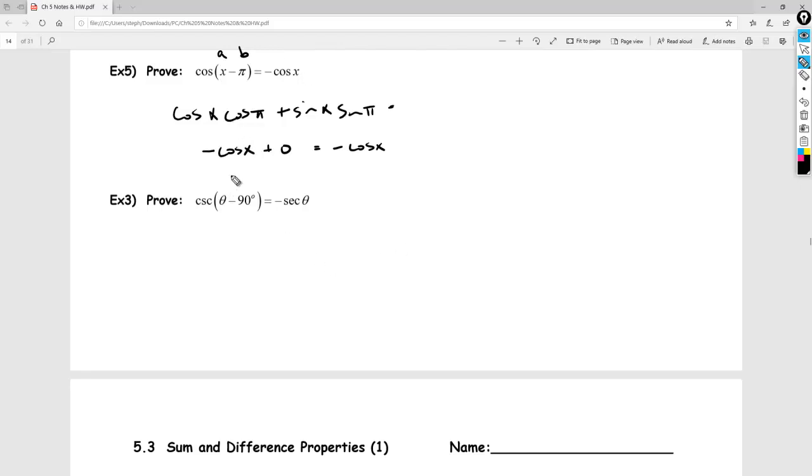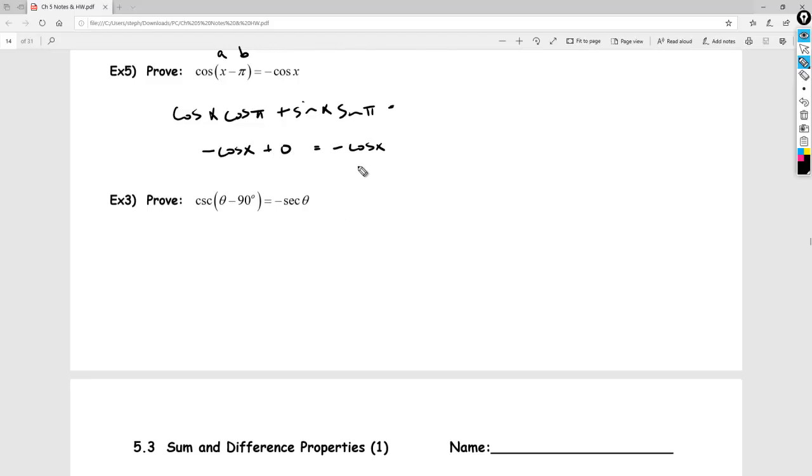Alright, next example, I'm going to do the exact same thing. So I'll label my functions a and b respectively. Okay, so next example, I'm not going to use that. I can just straight up use my cofunction properties.